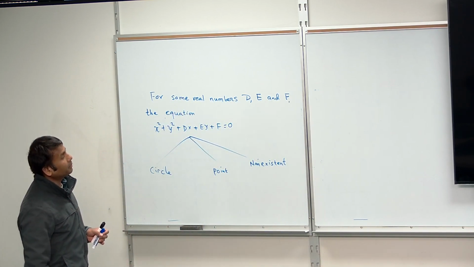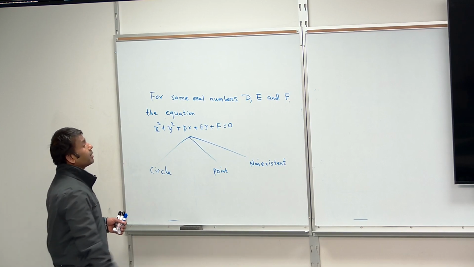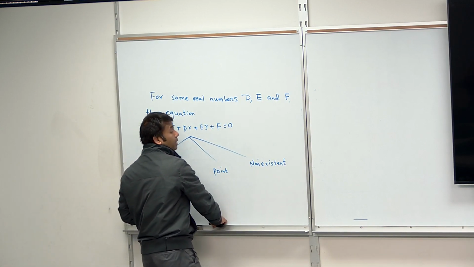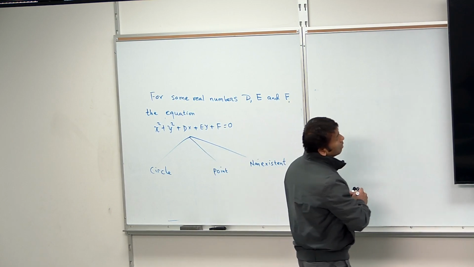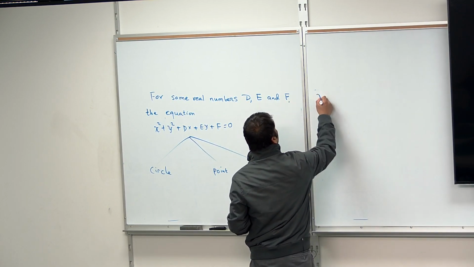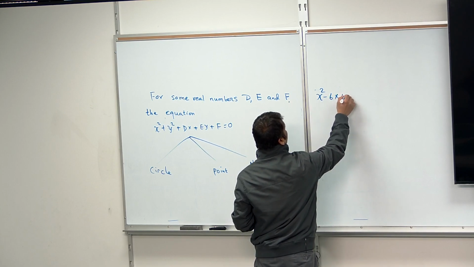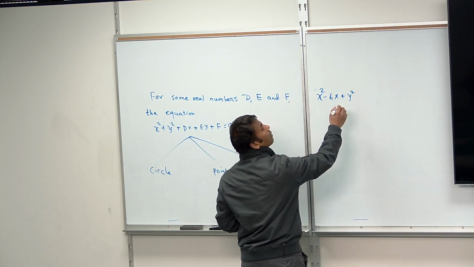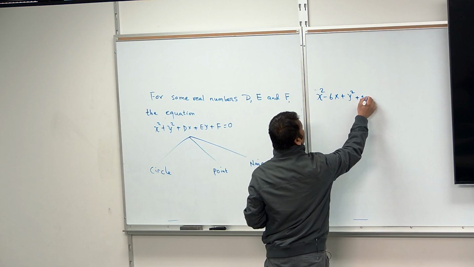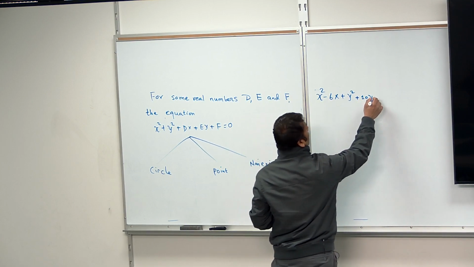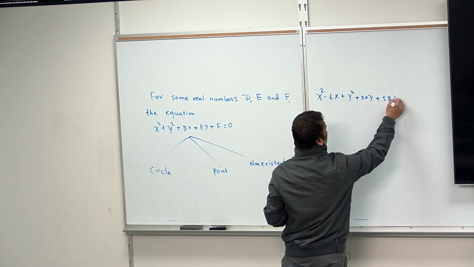So now look here. This is exactly in this form: x square minus 6x plus y square plus 10y plus 18 equal to 0.